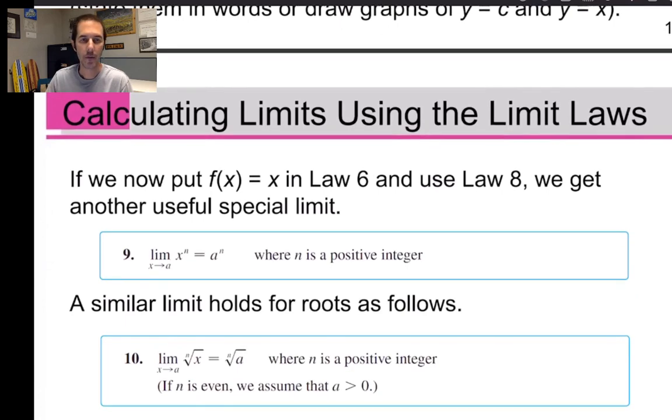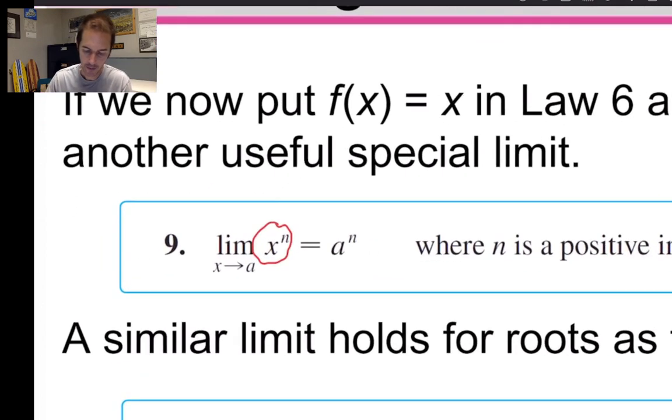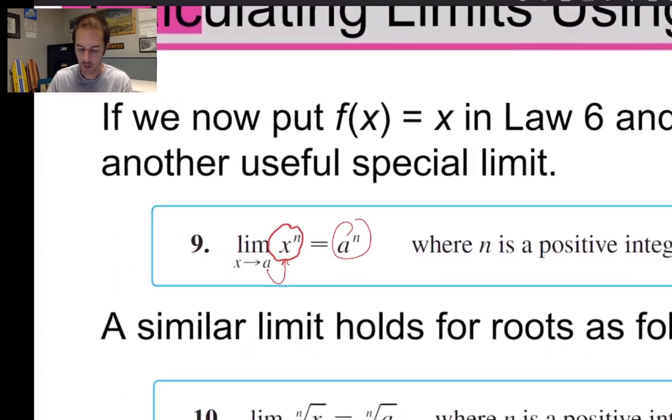And if we combine those two properties together, see what we have here is our variable being raised to a power, and if we take the a value and by direct substitution we plug it in for x, we get a to the n, right?